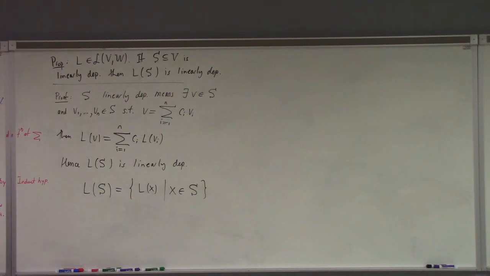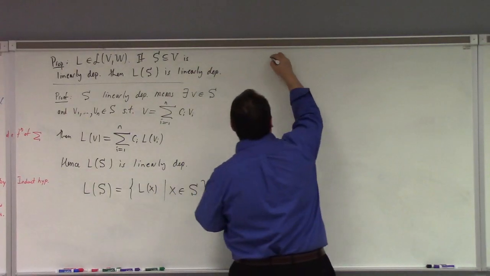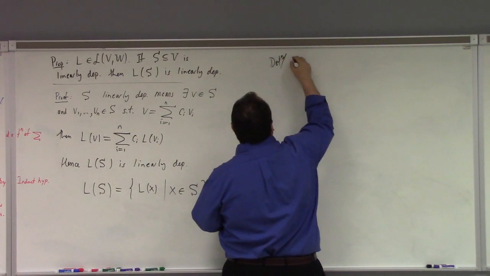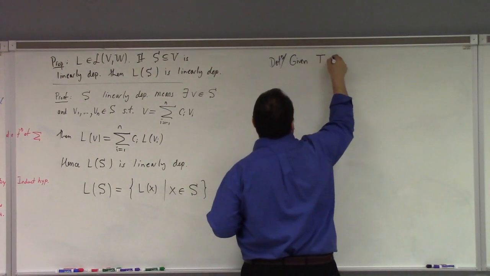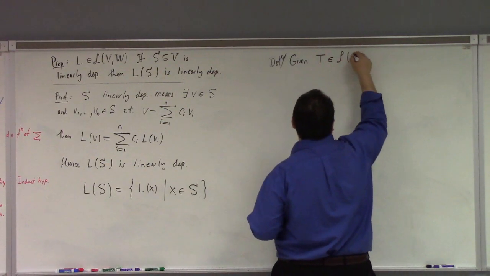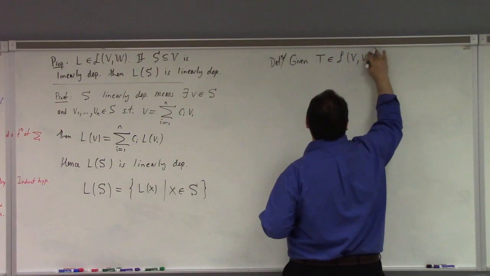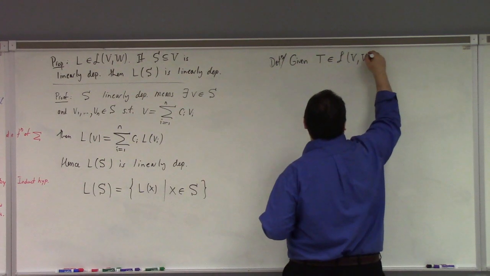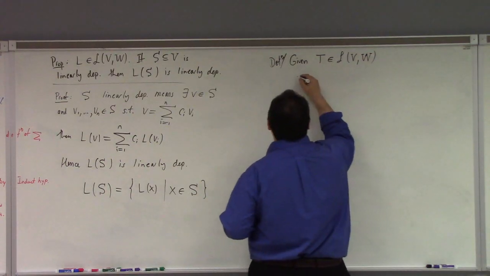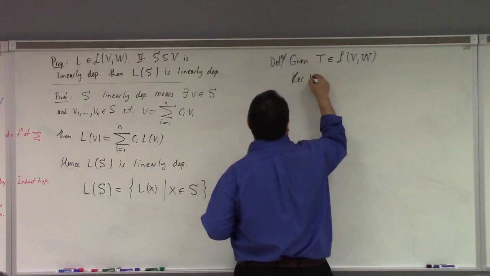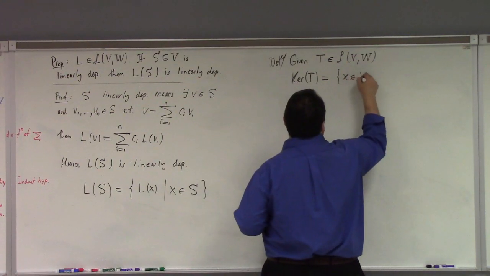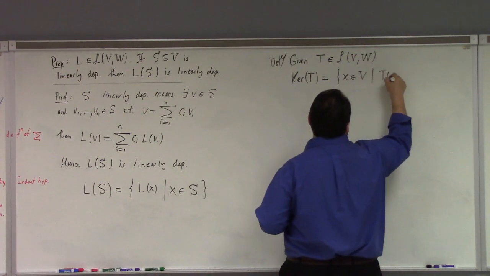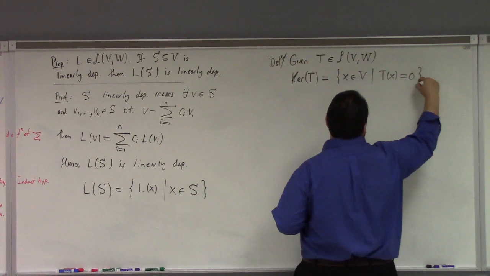Now, definition. Given T, a linear transformation, so I'm back to T again. If you look at these notes, I can't make up my mind whether I want to tell a story about T or L, but I'm back to T again here. So the kernel of T is X in V such that T of X is equal to 0.